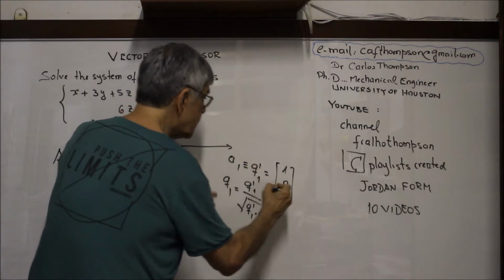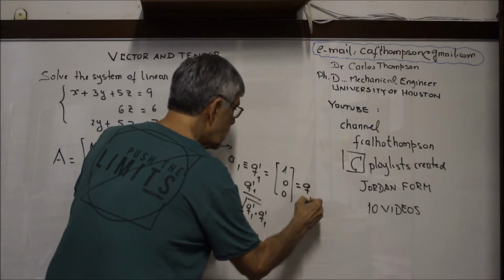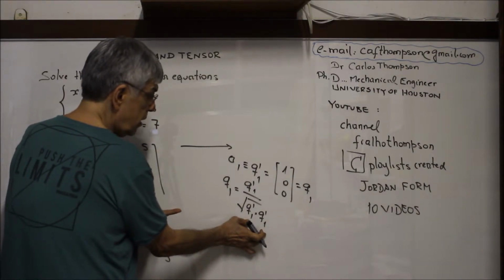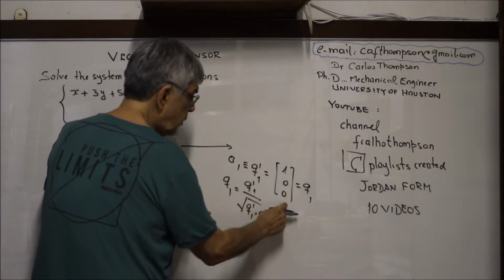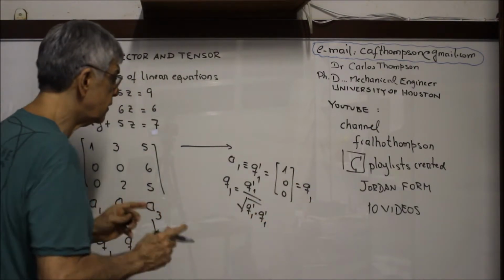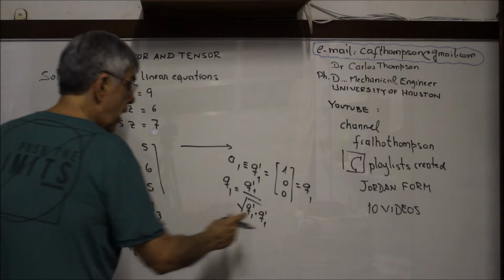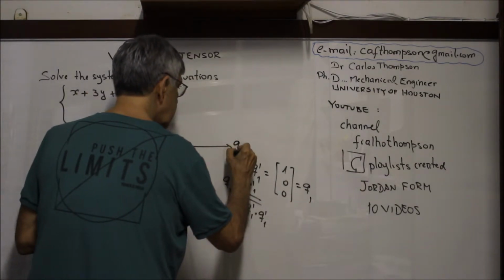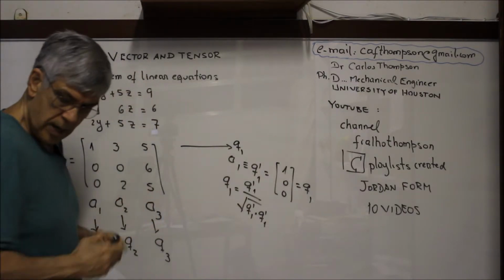So this dot product here will be 1. Multiply each component, this will be 1. See the dot product? So I got the first Q1 over here. This is Q1.